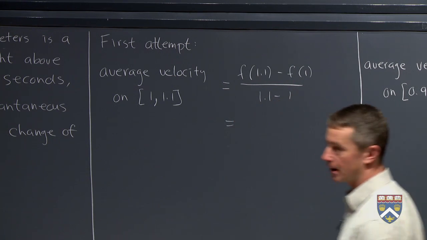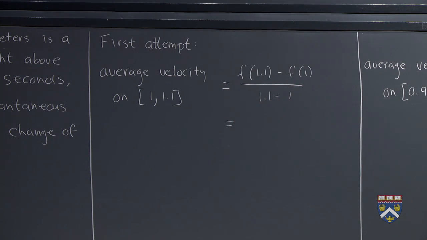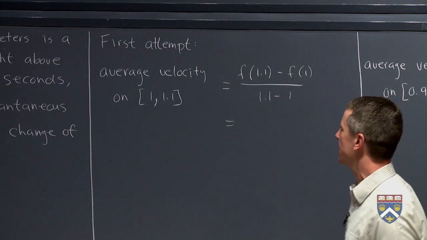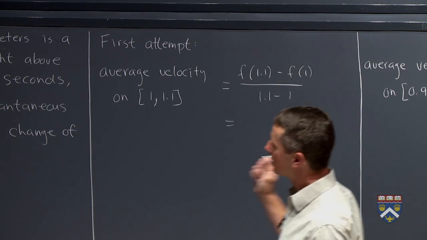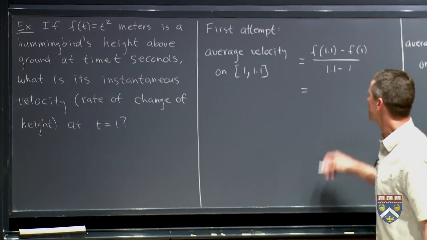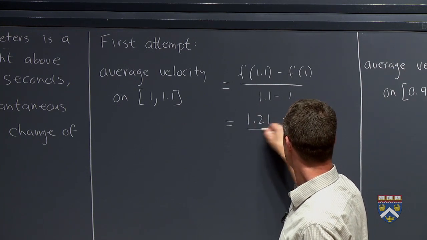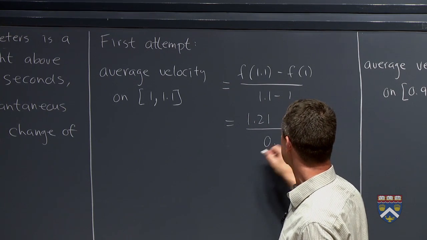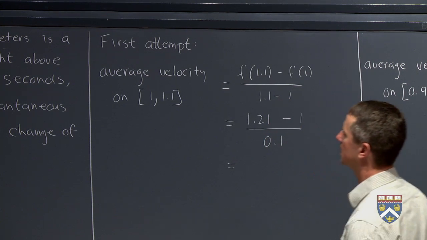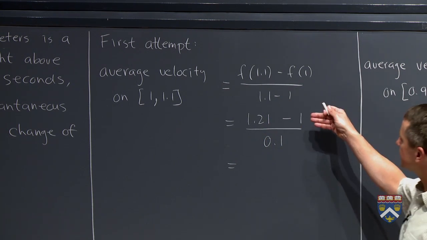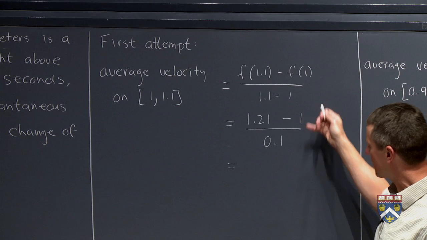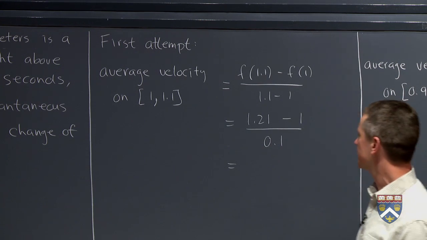The top of the fraction represents the change in the height in meters, and the bottom represents the change in time. So f of 1.1, we plug that into our function t squared. We should get 1.21 meters. f of 1 is 1. And on the bottom, we have 0.1 seconds. So during this 1/10 of a second, the hummingbird went up 0.21 meters.